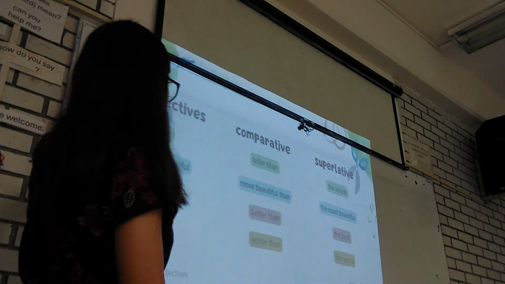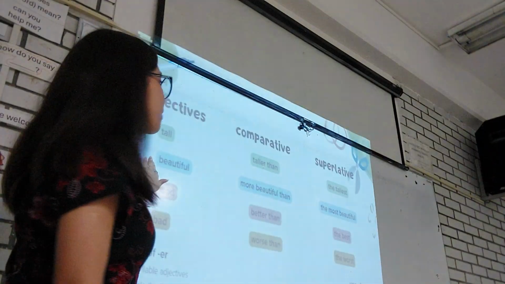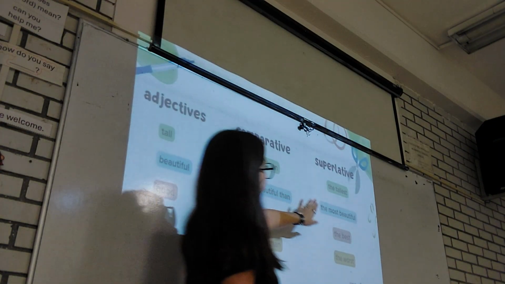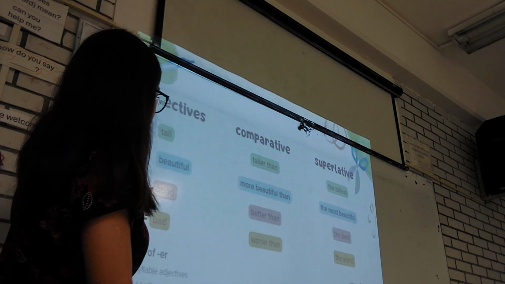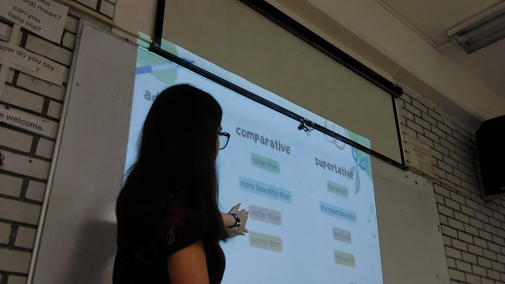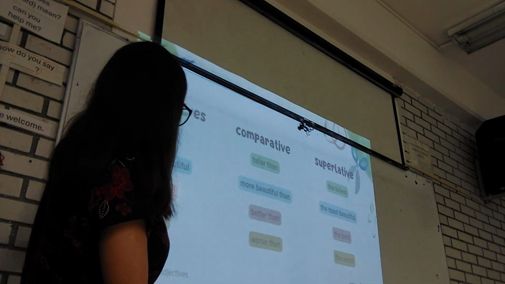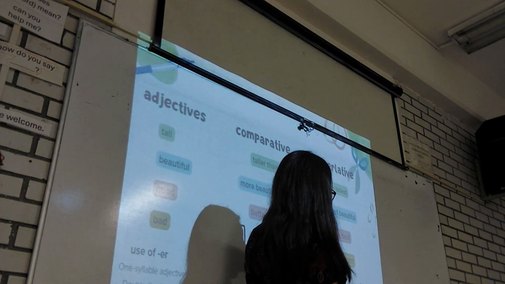Can someone read the second one? Beautiful. More beautiful than. The most beautiful. Then this one. Good. Better than. The best. Okay, and the last one. Bad. Worse than. The worst.